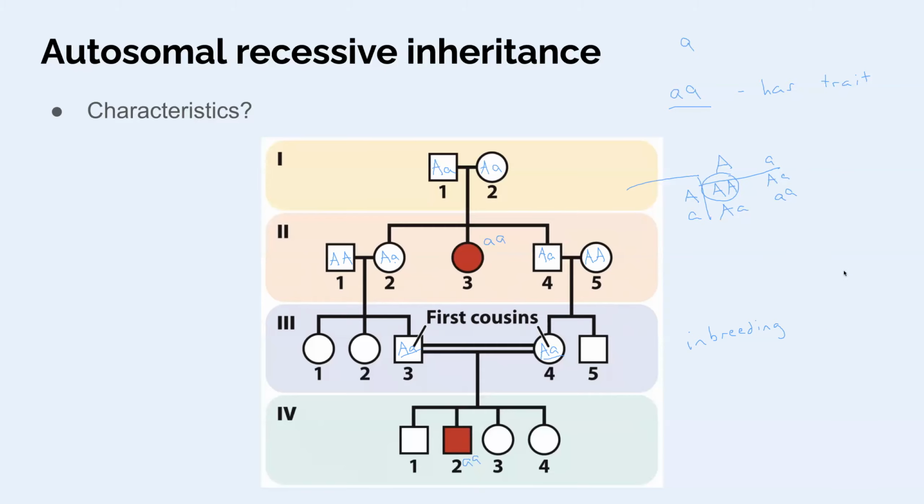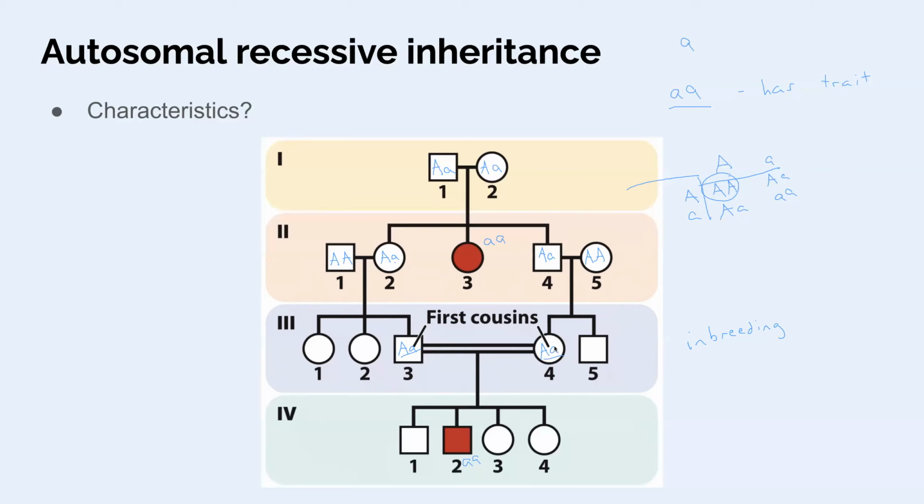Inbreeding is mating between individuals that are related to some amount, so related more than you would be to the average person, as in this example, people who are first cousins. And when we're looking out for inbreeding as a negative thing, this is the kind of thing that we try to avoid by encouraging people not to inbreed.